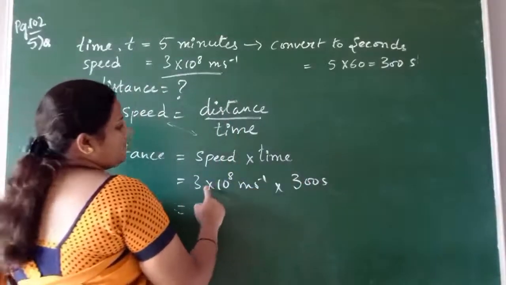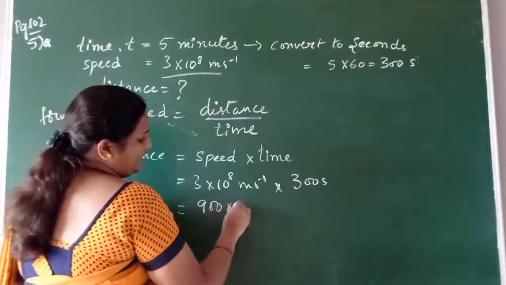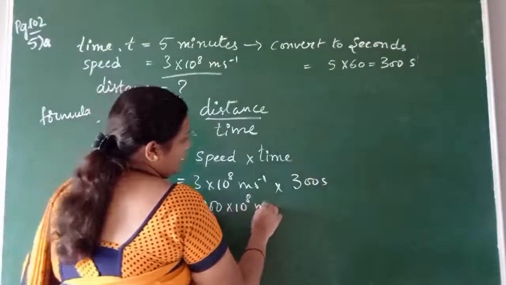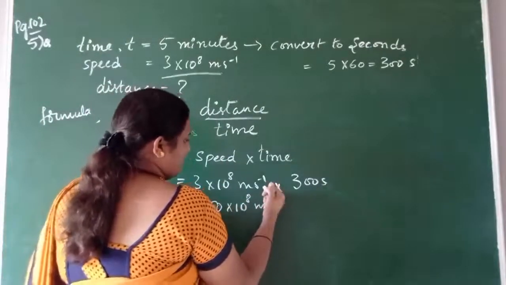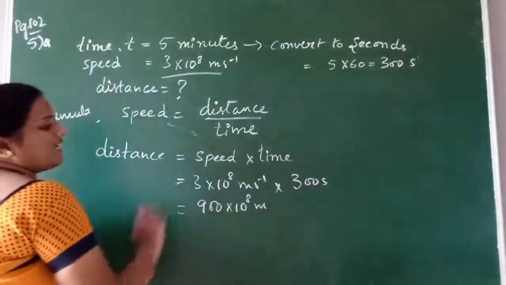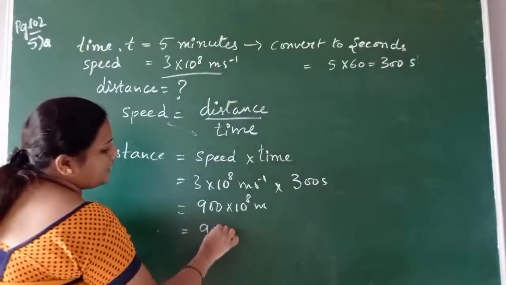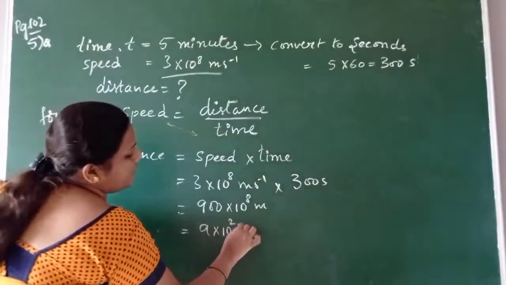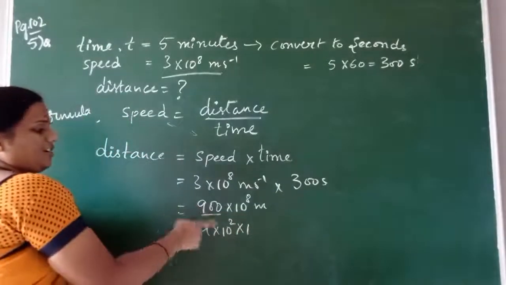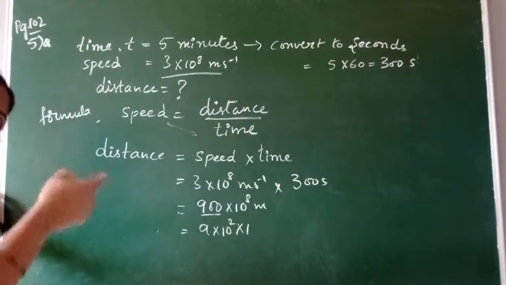So 3 into 300, how much, children? 900 into 10 to the power of 8 meters, because seconds get cancelled and meter is left. This can also be written as 9 into 10 to the power of 2, since 9 into 100 means 900.